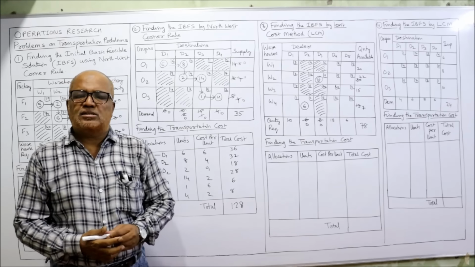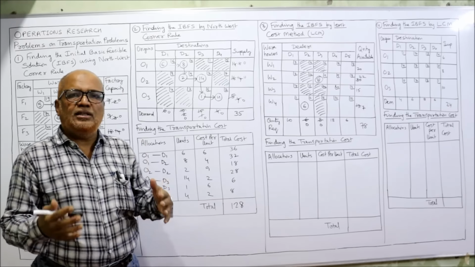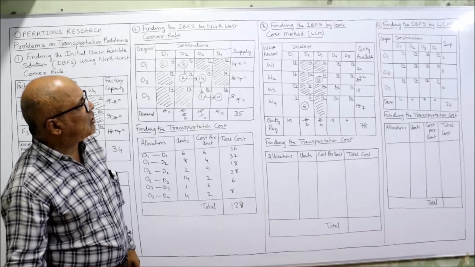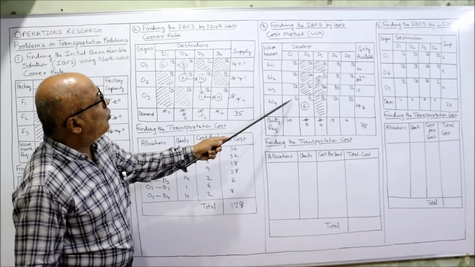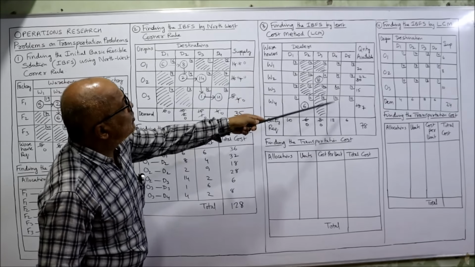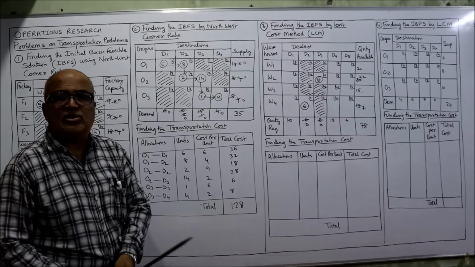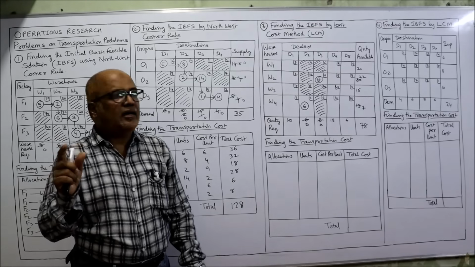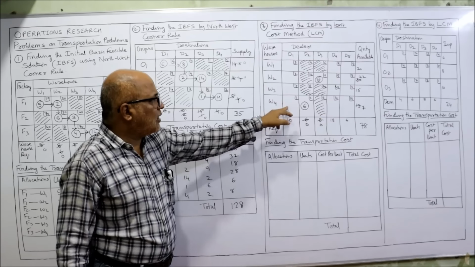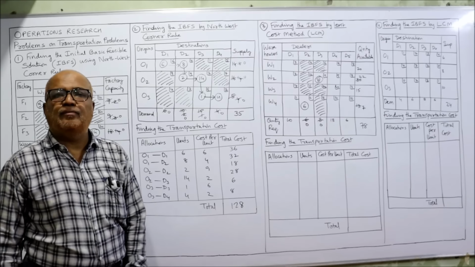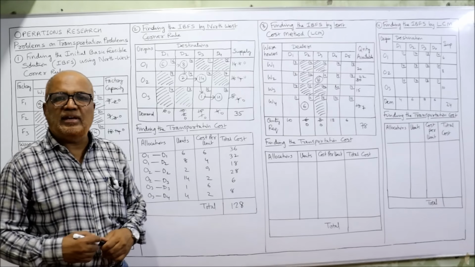Now leaving this, in the remaining cost, which is the lowest cost? See carefully, after 0 the lowest cost is 1. 1 is here. There is no other one. 1 is the lowest cost. So allocate in this cell. The row total is 7 and the column total is 40. Whichever is less. 7 is less.